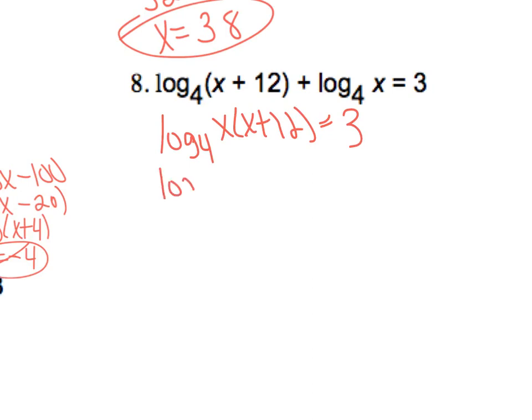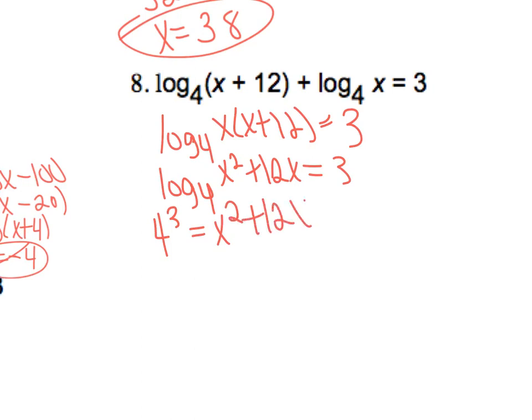So I'd have log base 4 of x squared plus 12x equals 3. If I rewrite that in exponent form, I'd have 4 to the third power equals x squared plus 12x. 4 to the third power is 64 equals x squared plus 12x.